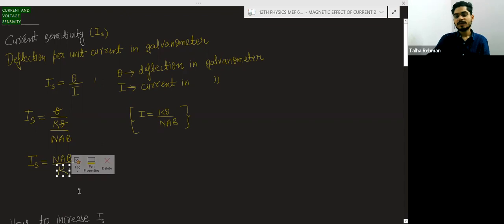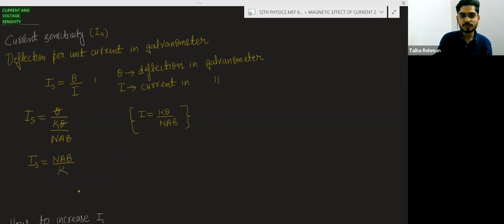K is the restoring torque per unit twist, or this is also known as the spring constant, or torsional constant. K, just write down here. K is the restoring torque per unit twist.